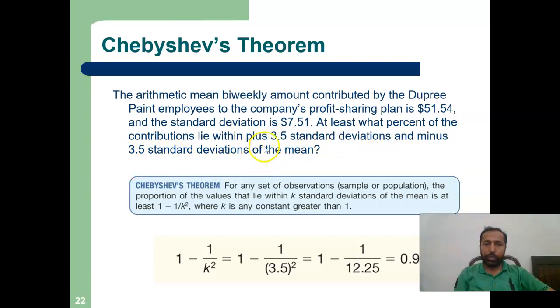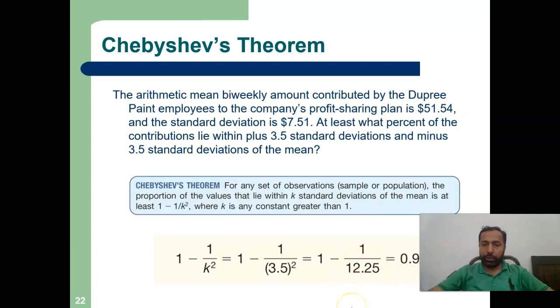So we shall put this 3.5 into the formula 1 minus 1 over k square, where k is the number of standard deviations, and we want to know the proportion or percentage of the observations lying within 3.5 standard deviations. The square of 3.5 is 12.25, so 1 over 12.25, when subtracted from 1, gives 0.92.